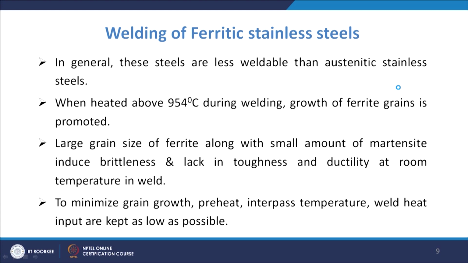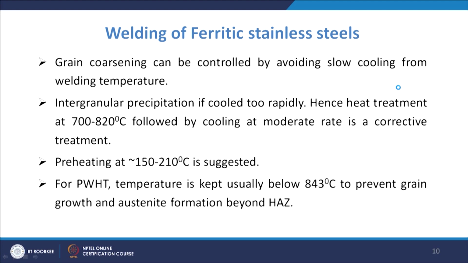So, for minimizing this grain growth, we try to keep the preheat and the interpass temperature as low as possible. Grain coarsening can be controlled by avoiding slow cooling from the welding temperature.